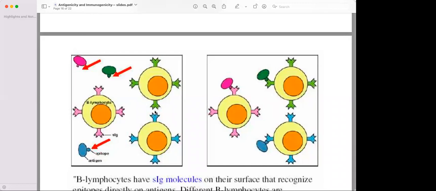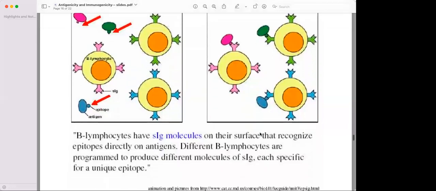The green will be recognized by its own, and the blue will be recognized by a different immunoglobulin. So on the surface of the B cell, there would be expression of surface immunoglobulins, which are able to recognize different epitopes depending on their conformational structure. And you see on the right side, each of these epitopes has bound to its compatible B cell receptor, the surface immunoglobulin formed on the surface of the B cells.